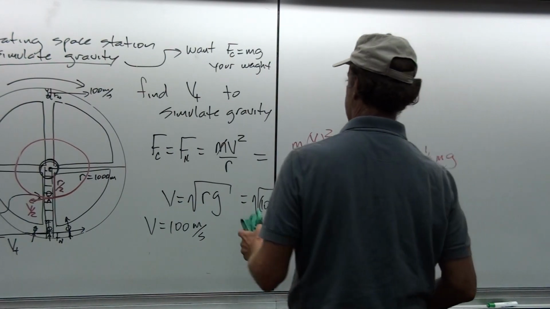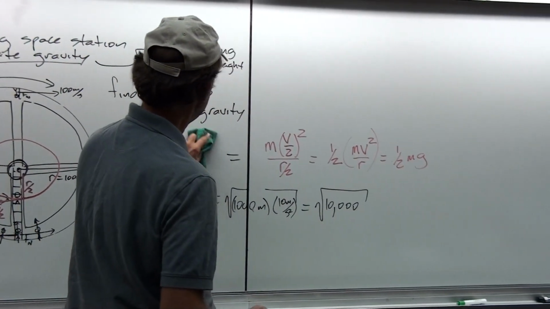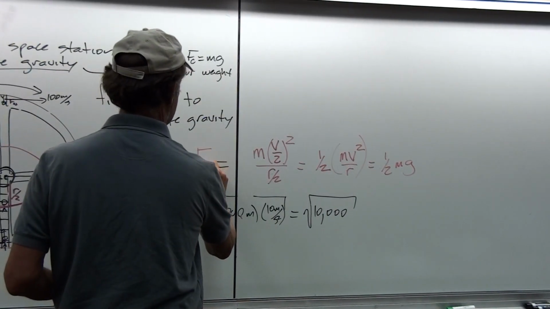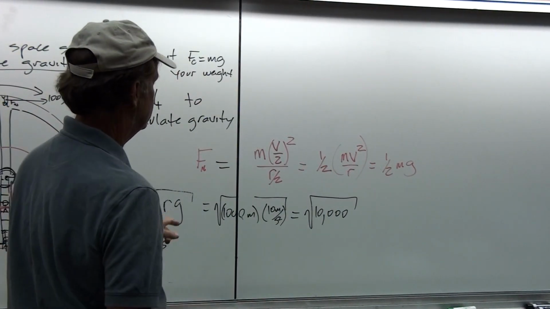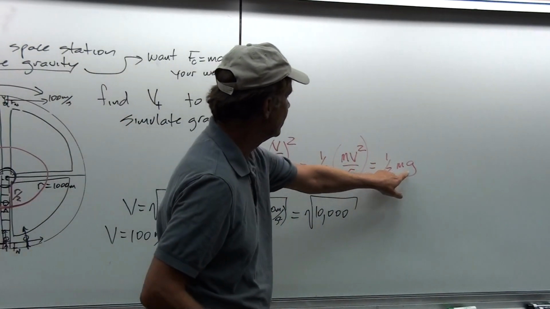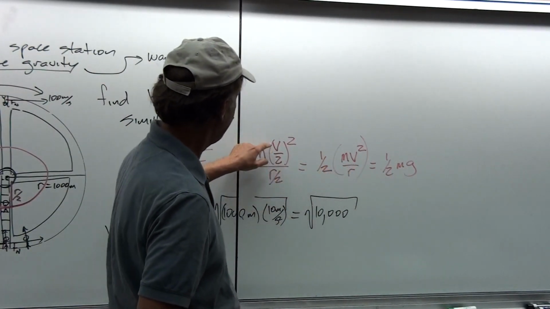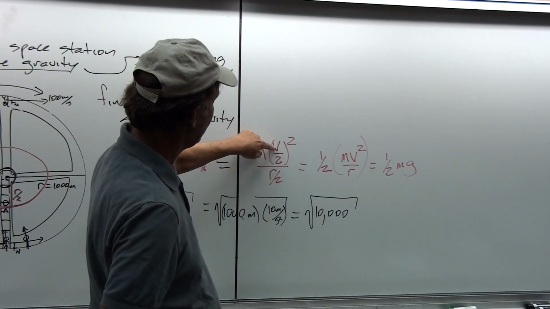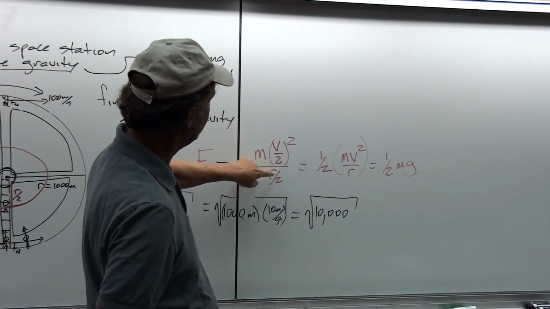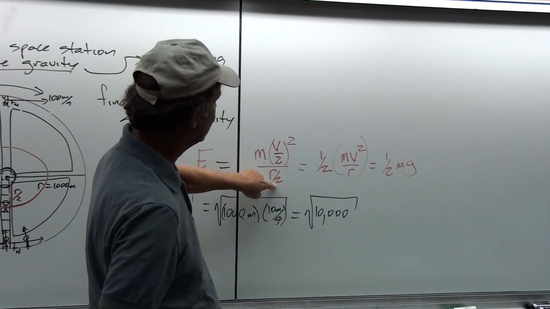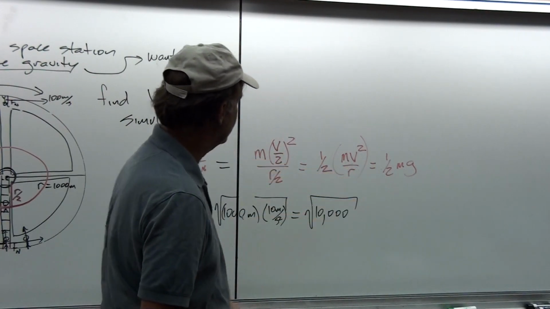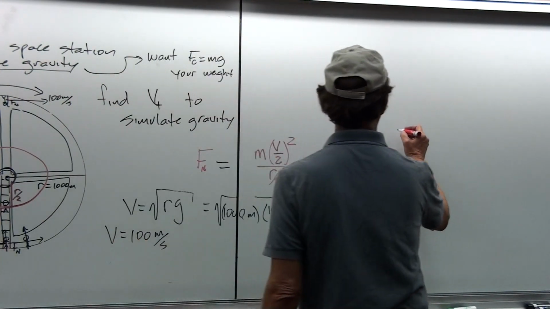Because this mv squared over r that we had originally was the original centripetal force, which is mg. But now, because the velocity's been cut in half, and you square that, this is v squared over 4, but this is just r over 2. So you get 2 over 4, or 1/2. And so you're only at 1/2 your weight at the midpoint.